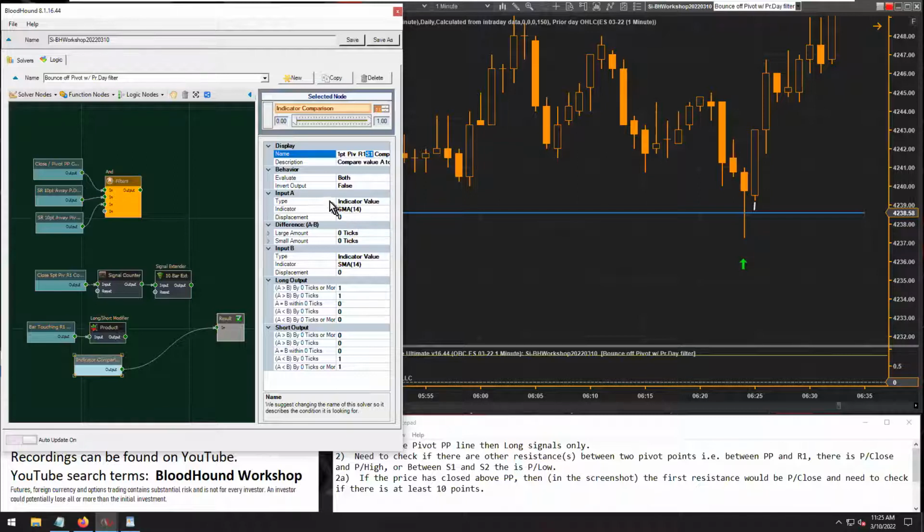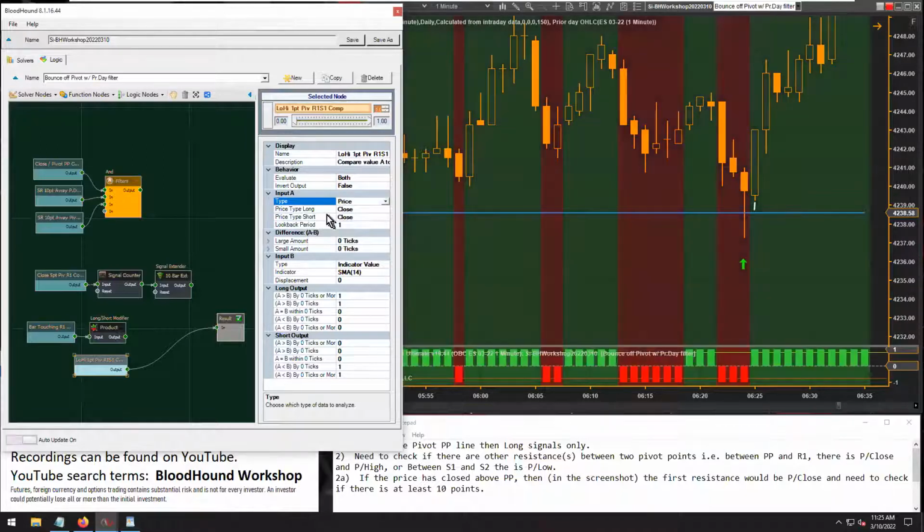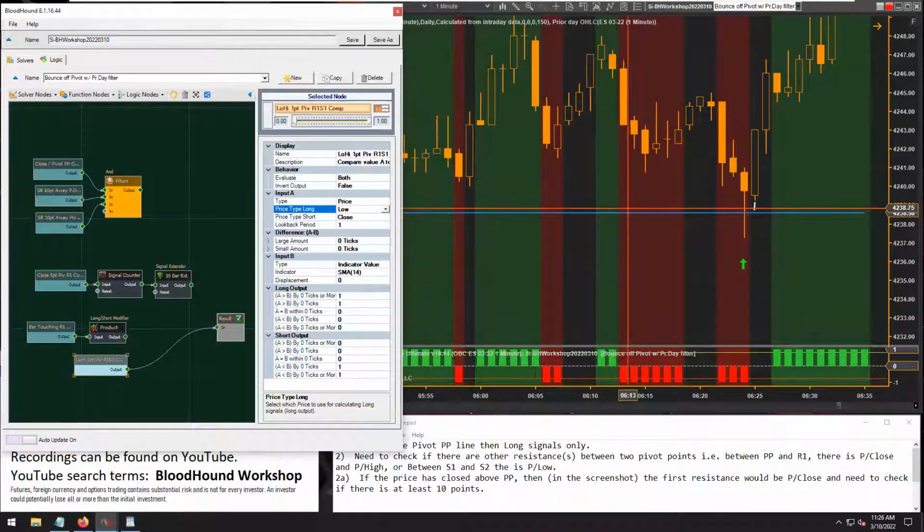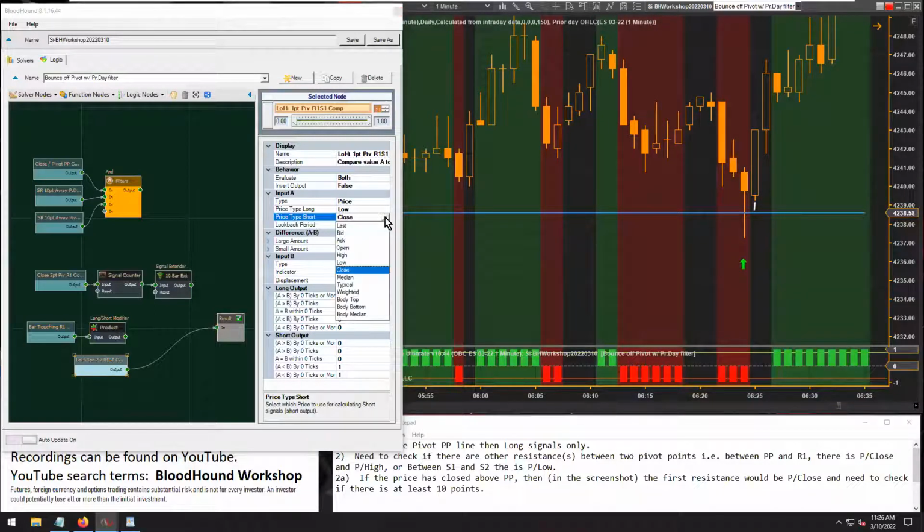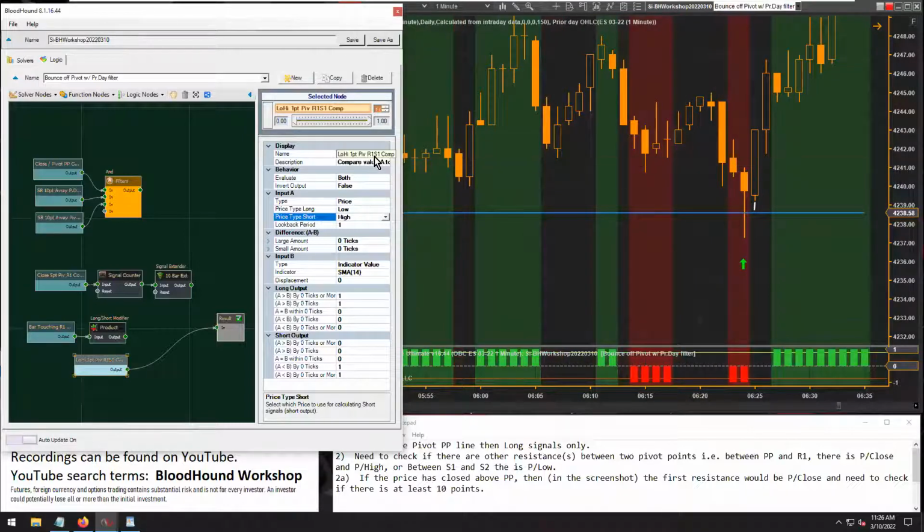So for a long bounce off of R1 or for a short bounce off of S1, all right? So input A is going to be price once again. And so for a long signal, this time we're comparing the low of the bar to R1. And for a short, we'd be comparing the high of the bar to S1. Right?